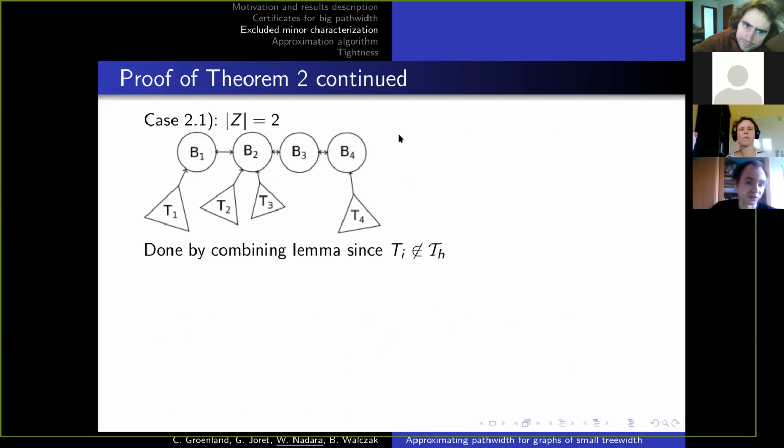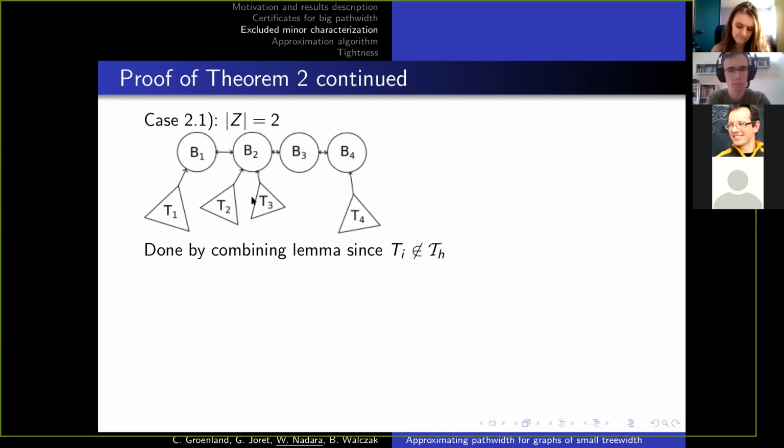And we have two cases. In the first case, this set has two leaves, or in other words, the set of edges that are directed in both ways is a path. If we remove that path and look at other parts of this graph, each edge is directed towards this path.